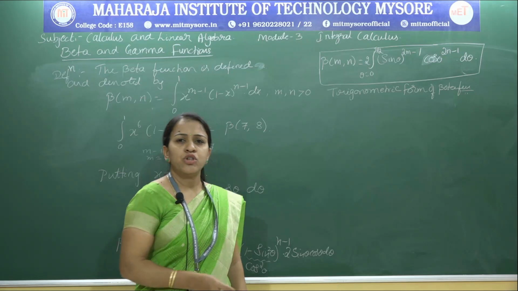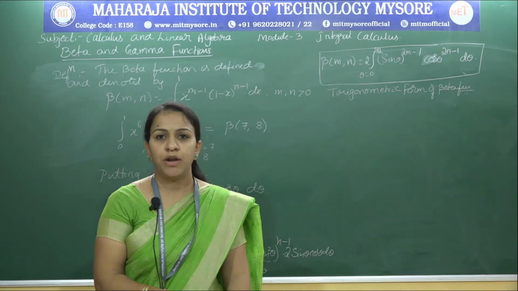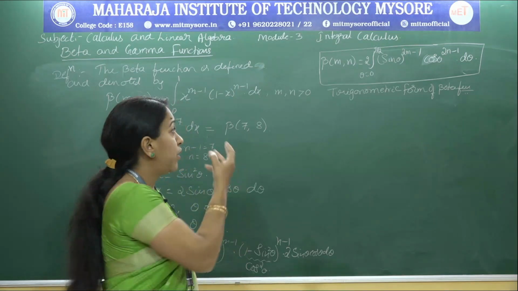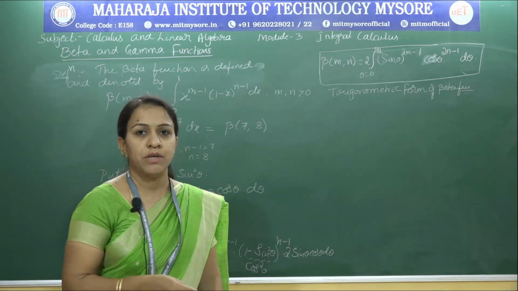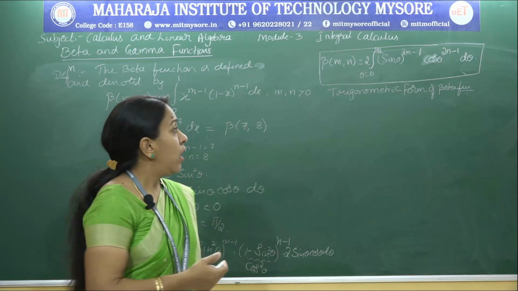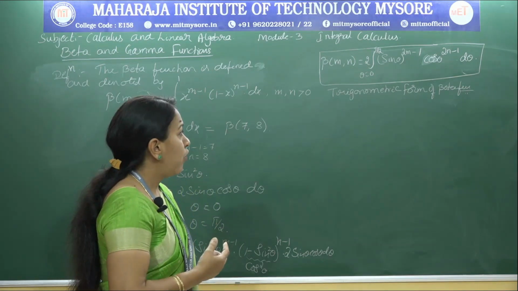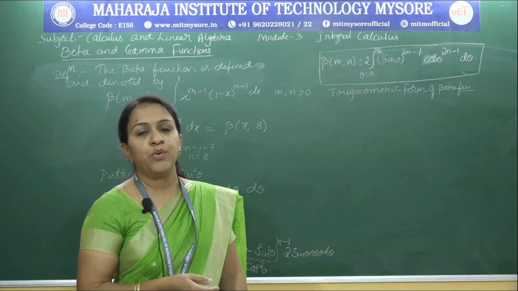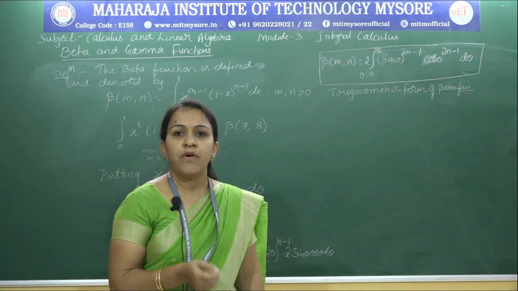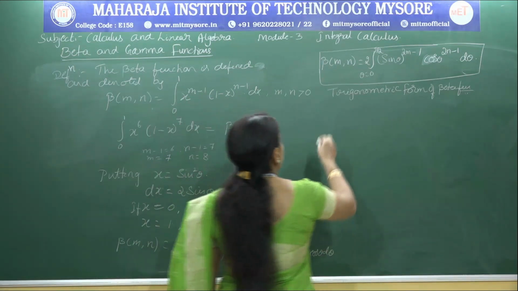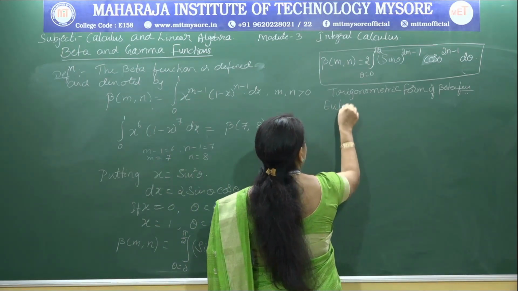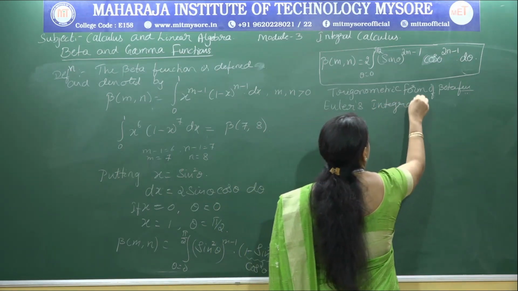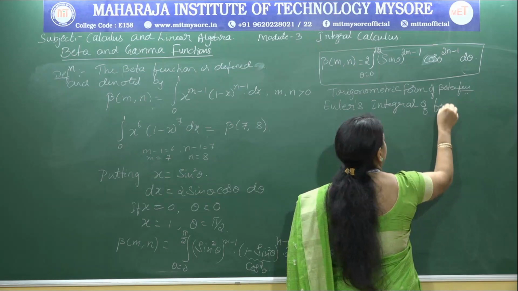And of course, to solve the problems which are in trigonometric form, I can reduce that standard formula into another form. The trigonometric form is also known as Euler's integral of first kind.